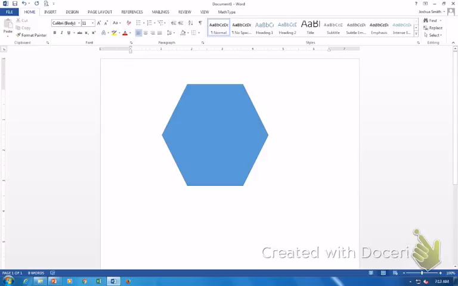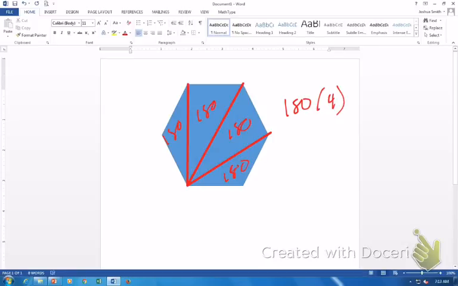All the diagonals from one vertex, from here to here, from here to here, and from here to here. Now how many triangles did we create? We created 4. So to find the sum of the interior angles, we take 180 times 4, right, which is going to be 720. So the sum of the interior angles of a hexagon would be 720 degrees.